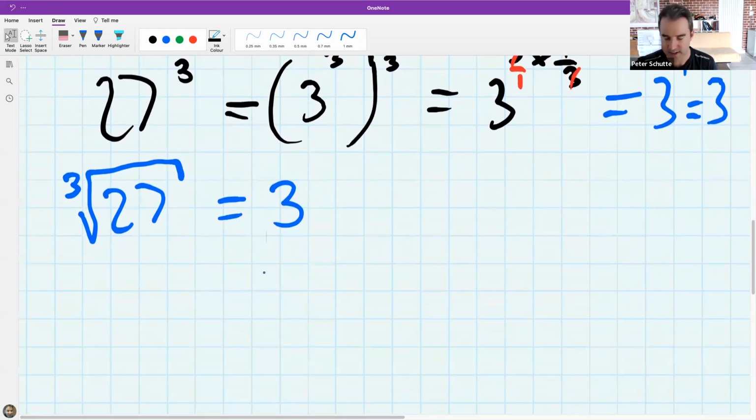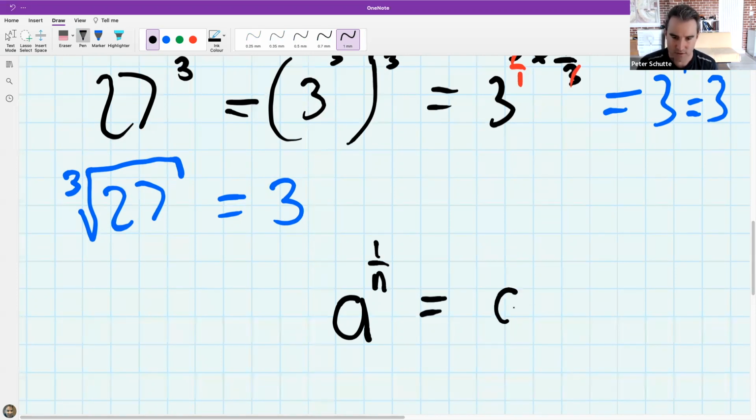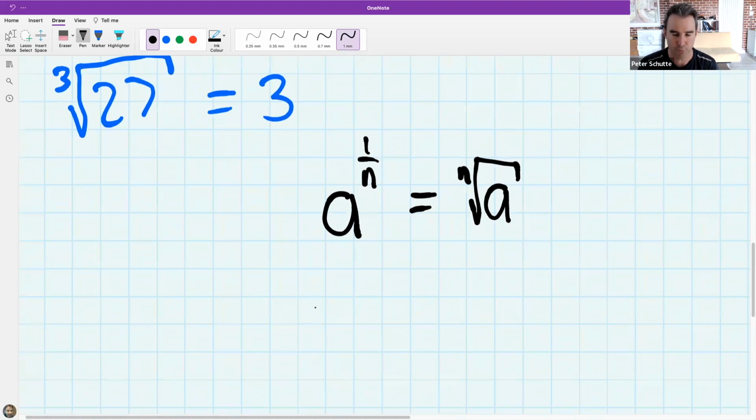And what I want to point out is there is this law that we need to know about that says that if you have some number, so we're going to say a is a variable, and it's to the power of 1 over n, this is the same as the nth root of whatever that number is. Now that looks pretty scary, so let me show it to you in another form.